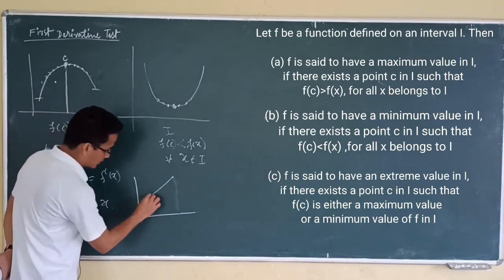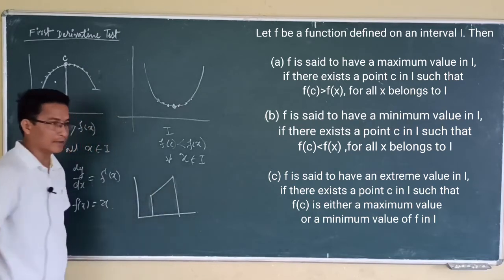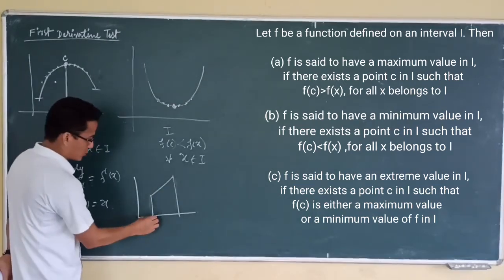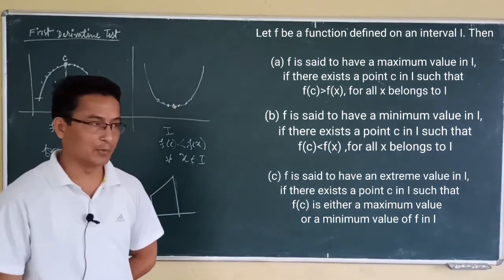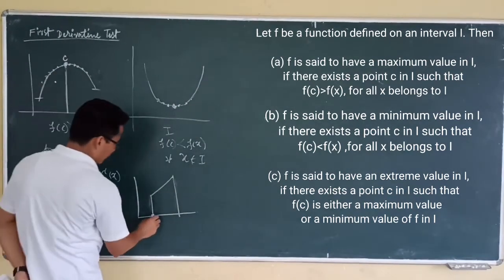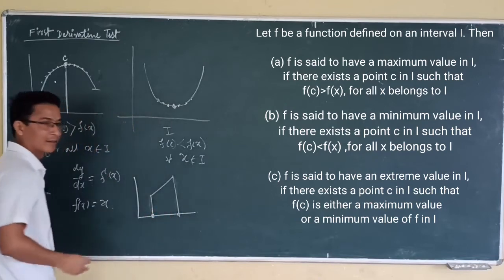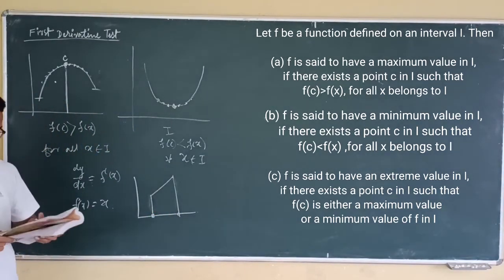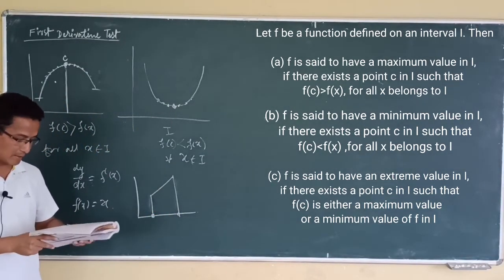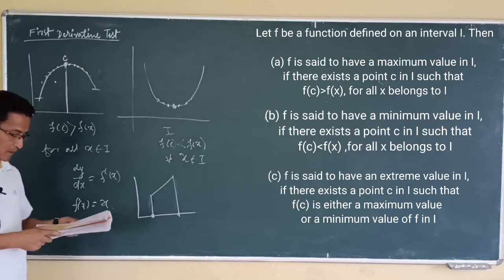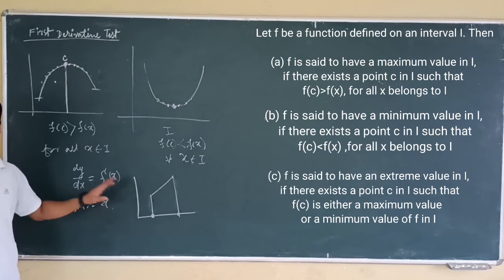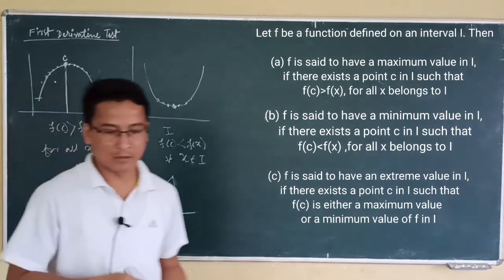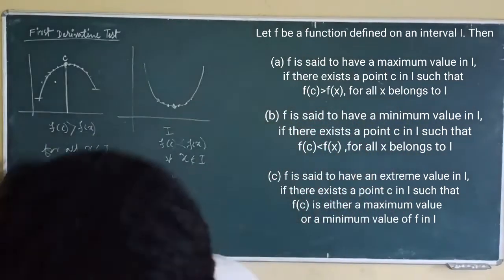If you take the interval up to here, then as you come close to this point, you get the minimum value of the function. If you go close to that point, you get the maximum value of the function. In that case, f of c is called the extreme value of the function. Let's see once again what I am saying.